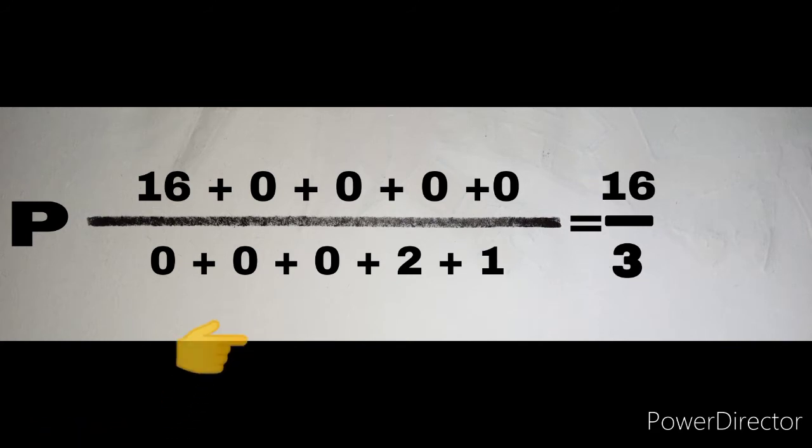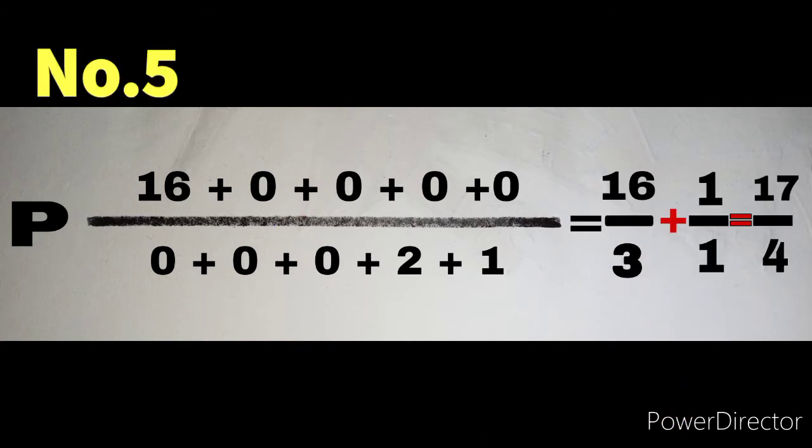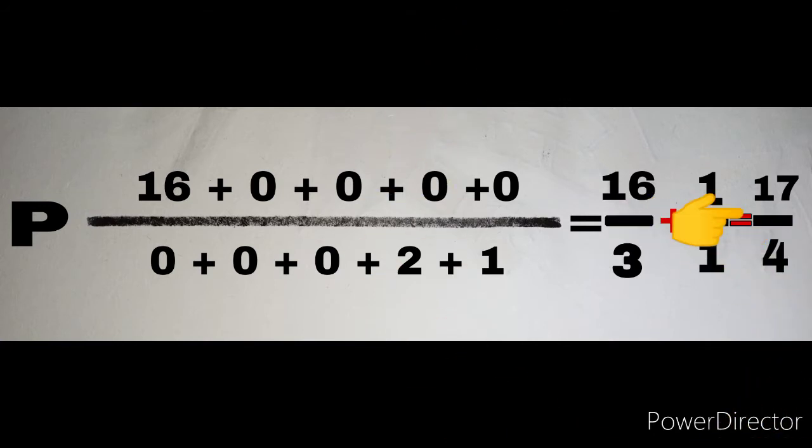Therefore, 16 plus 0 plus 0 plus 0 plus 0 equals 16 over 0 plus 0 plus 0 plus 2 plus 1 equals 3, equals 16 over 3. And of course, never forget the pre-established fraction 1 over 1, which makes your primary classification 17 over 4.